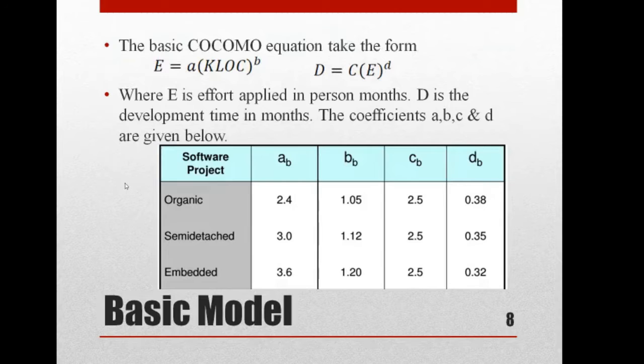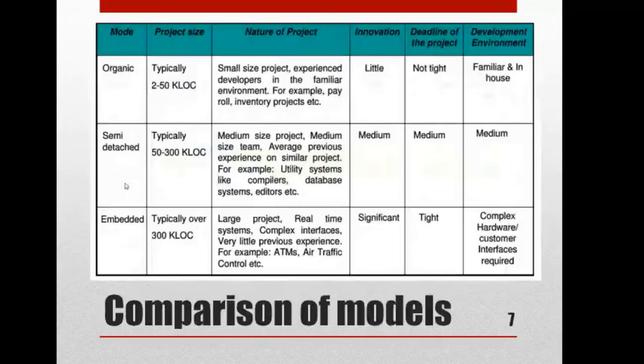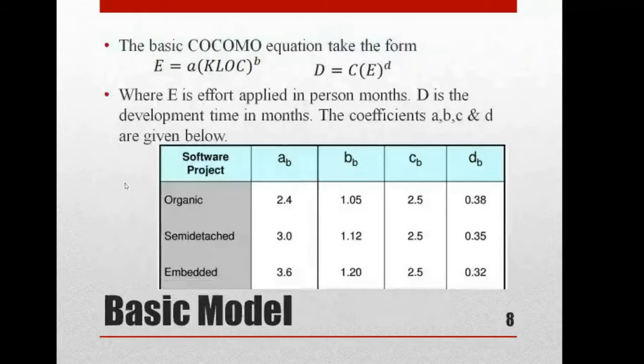Okay. So now, in the previous case, we have discussed the meaning of organic mode, the meaning of semi-detached mode, and the meaning of embedded mode. With the help of this information, what have the researchers done? They have come up with a formula, right? Based on the formula, the effort and development time, all these things we can calculate, right?